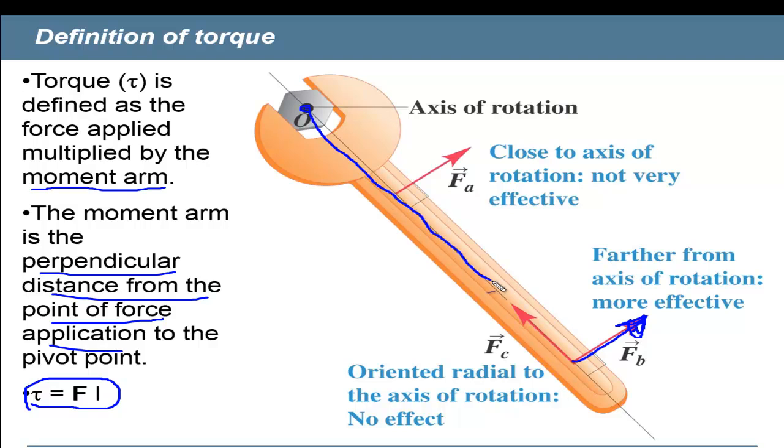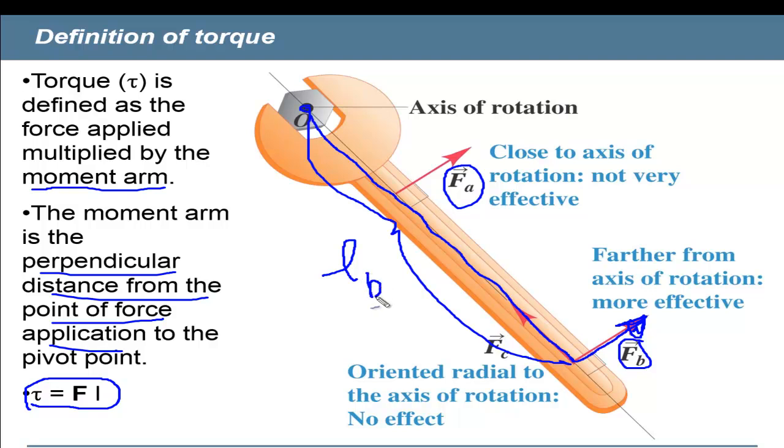If force B is the same magnitude as force A here, then the much larger moment arm at force B would create a much larger torque. So this, in fact, is the moment arm for the torque created by force B.